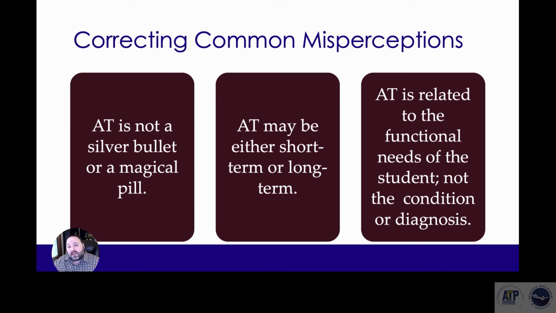Now, there might be some assistive technologies that tend to be correlated with certain conditions, but the Office of Special Education Programs at the federal level has actually come out very strongly to say there is no predefined set of assistive technologies. And in doing so, we're also saying that there's no predefined set of assistive technologies for any individual disability condition.